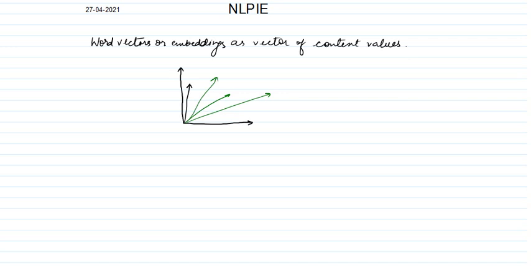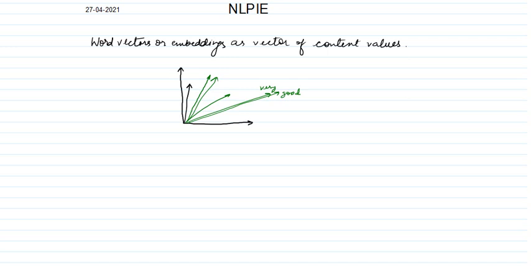These are the different words in space; words which are similar have nearby positions to each other. For example, the not vector and the good vector, or the very vector and the good vector, are very close to each other, and in general in the corpus also we see that these words occur very close to each other.